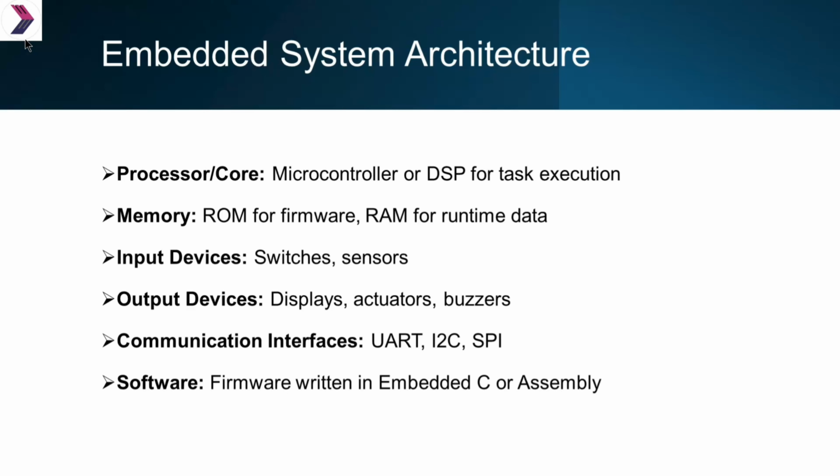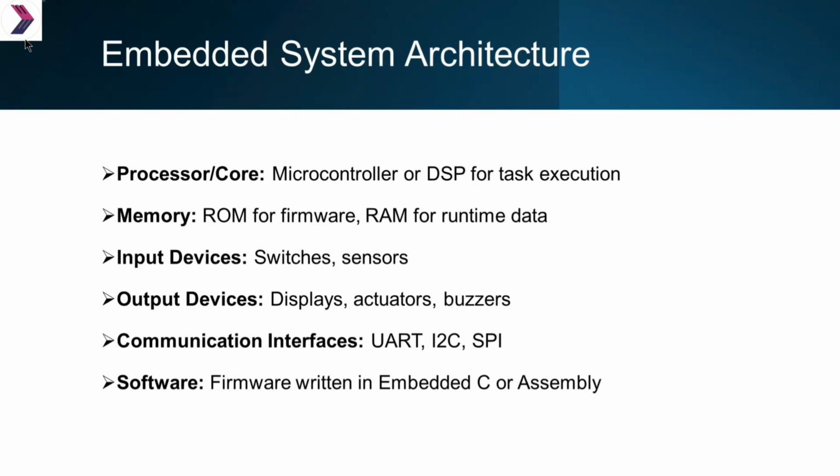Next is input devices like switches, sensors are some of the examples of input devices. Next are output devices like display, actuators, buzzers and motors. Next is communication interface.